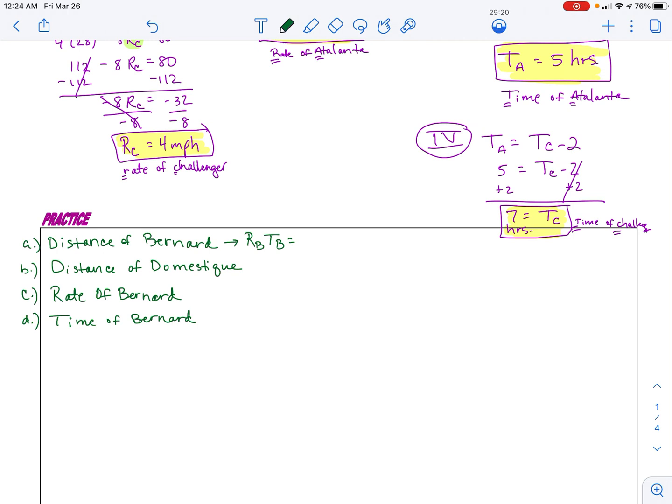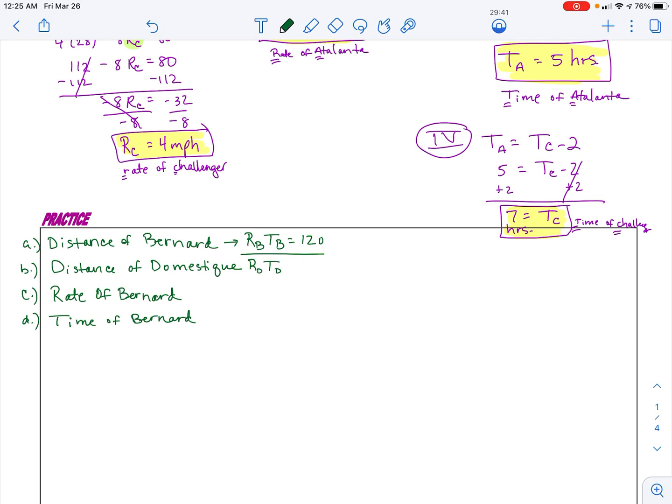Let's go back to the problem. It says Bernard raced twice as fast as the local domestique. For this reason, he raced 120 miles in 3 hours less. Okay, there it is, 120 miles. There's our first one. The distance of domestique is going to be the rate times the time of domestique.